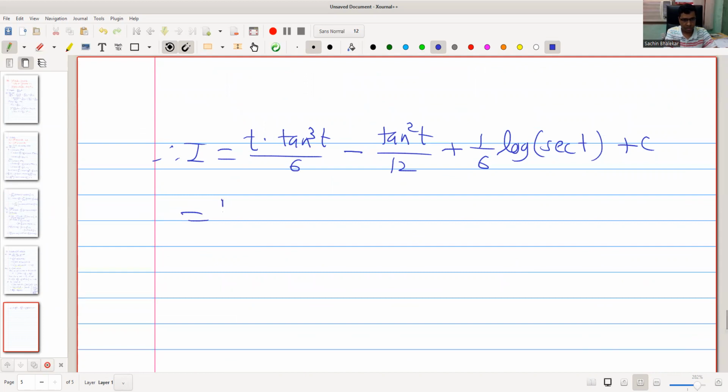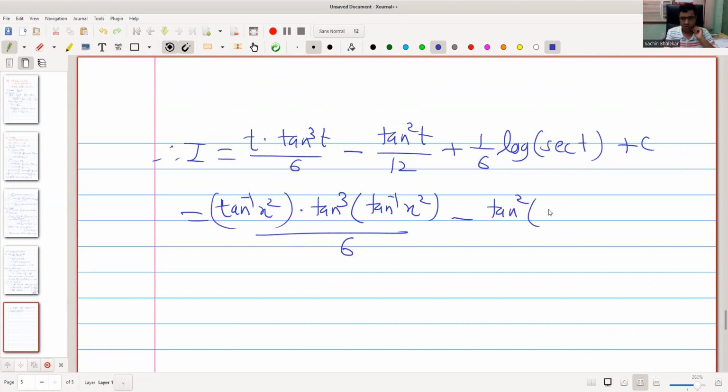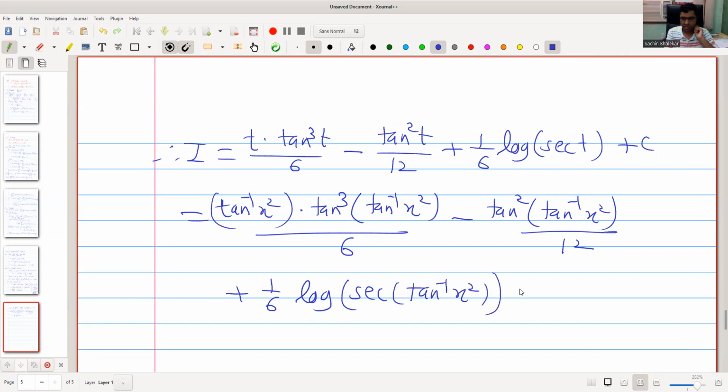So this is tan inverse x square multiplied by tan cube of tan inverse x square, divided by 6, minus tan square of tan inverse x square by 12, plus 1/6 log of sec of tan inverse x square, plus c.